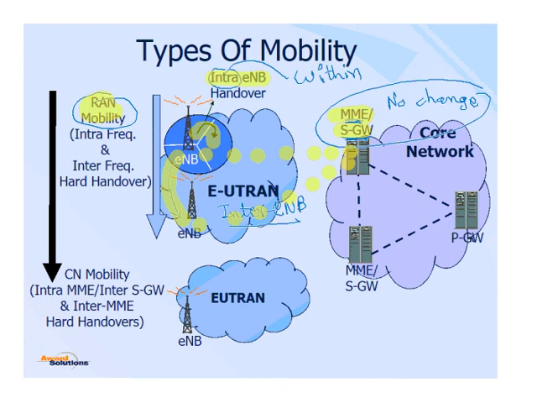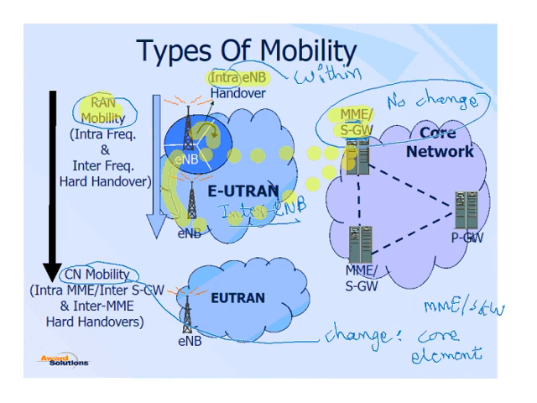In contrast, core network mobility means that there is some change in the core network element. So some node will change: either the MME will change or the SGW will change. For example, when we go from this base station to this base station here, maybe this eNode B was controlled by serving gateway 1, and now eNode B2 here is controlled by serving gateway number 2.